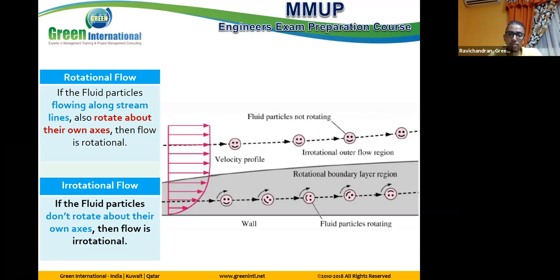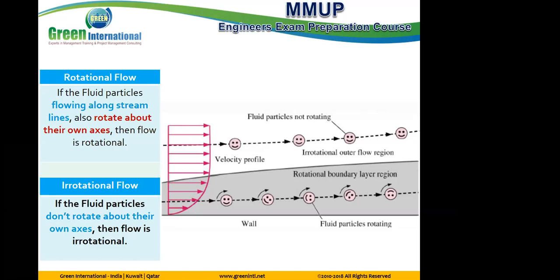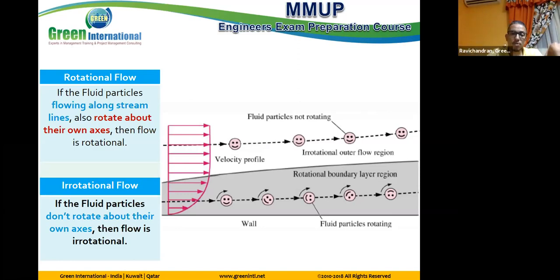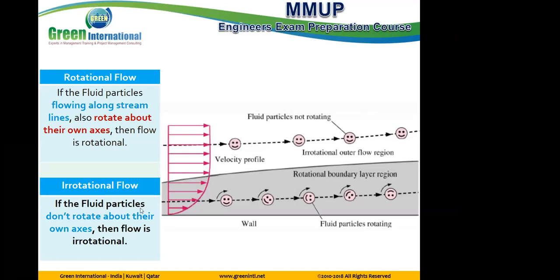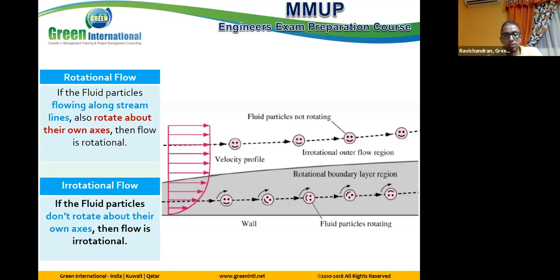Check the particle. If the particle is not rotated along one axis, like the first one, the upper one, then this is irrotational flow. But if it is rotated along one axis, this is rotational flow. Clear? Is this clear, or do you need the video to understand further?